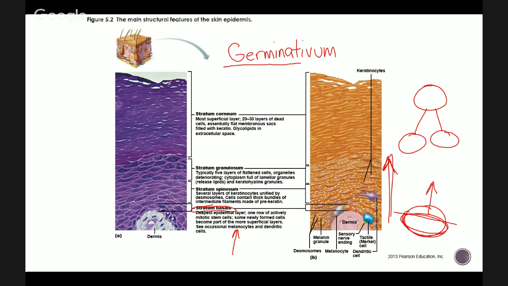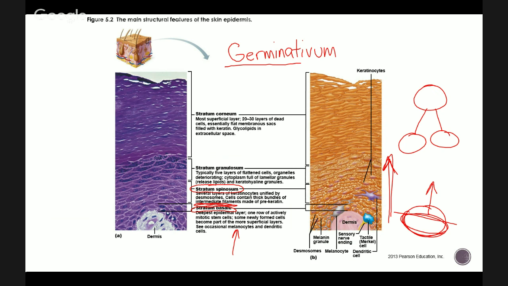Next, we have the stratum spinosum. It's called the stratum spinosum because this is like the spiny layer. What's happening now is that these cells develop what they call intermediate filaments made of pre-keratin. So we're starting to set up the keratinization process here.